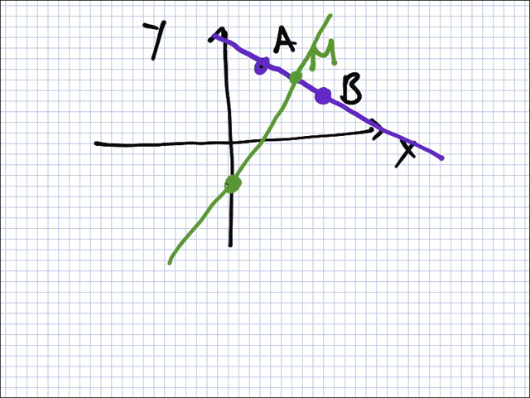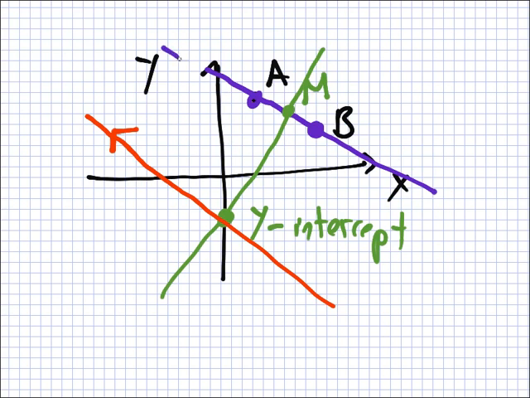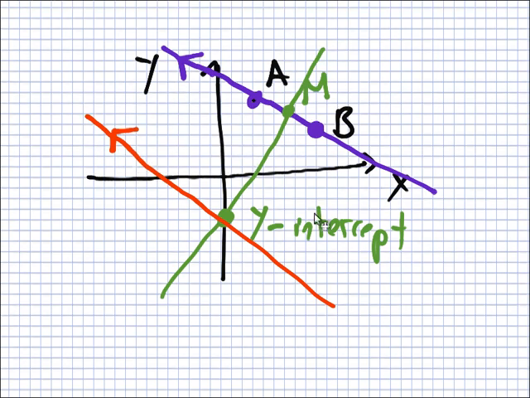And what's this point here called? The Y intercept. And then we have a line here. And this line is parallel to this blue line. It doesn't look it, but it is. Trust me, it is parallel.